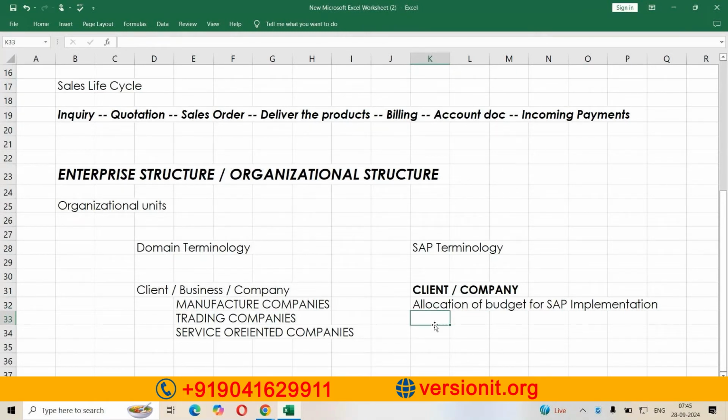How much amount needs to be spent on the SAP application, they decide it. They are going to be the decision makers. Whatever decision is required for the business, they take care of it. If they are not happy with the SAP performance at any point of time, they can even go for canceling the project as well.